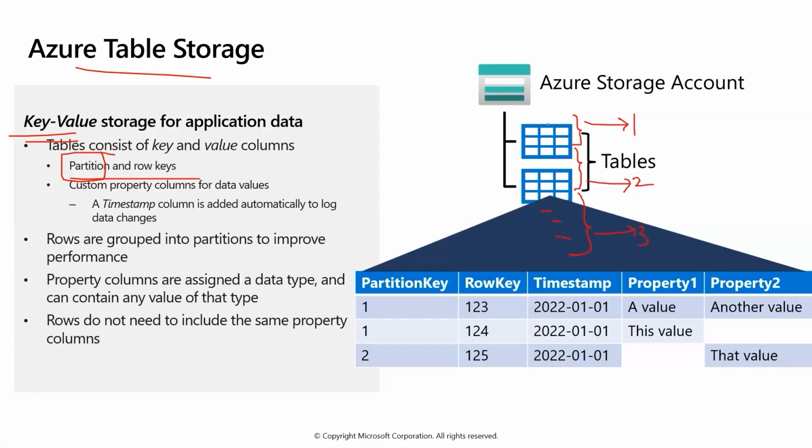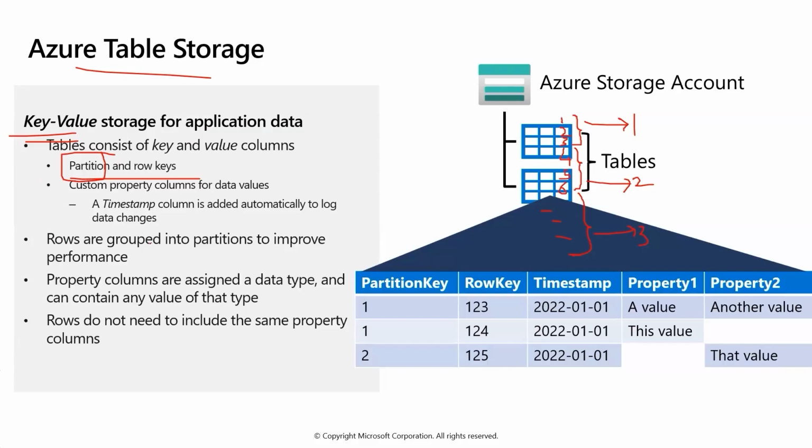Now, how do I refer to the records inside a partition? For that, I have the row key, right? In partition 1, I have row 1, row 2, and row 3. In partition number 2, I have row 4, row 5, and row 6, which makes my task of retrieving the data much easier, because I cannot have the indexing concept over here. So in that case, I can use the partition key and the row keys.